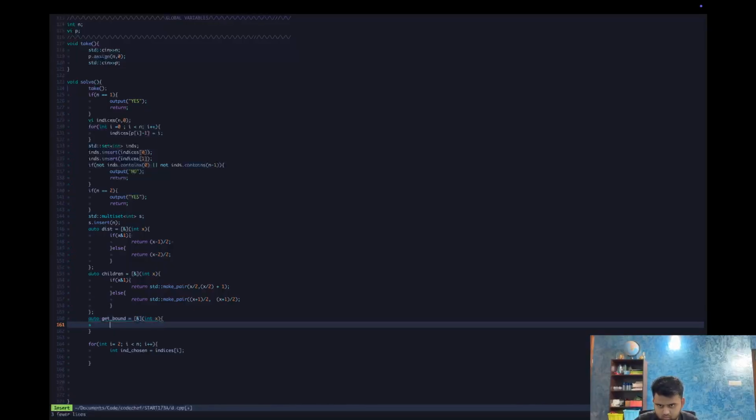Int x, int lb is s dot lower bound x, int ub is s dot upper bound x.